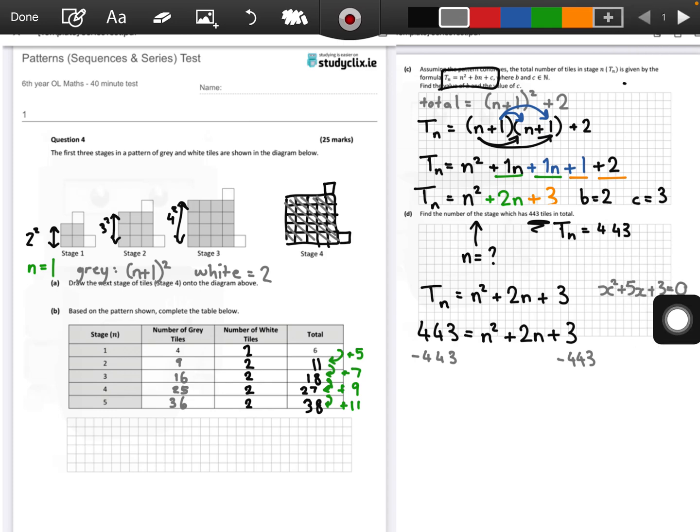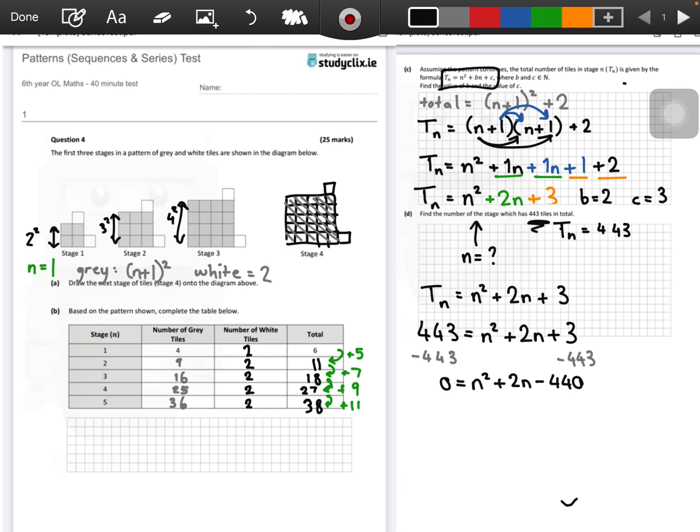So we always have them equal to 0 when we start to factorize them. So I want this to be equal to 0, not equal to 443. So I'll get 0 is equal to n squared plus 2n minus 440. It doesn't matter what side the equals 0 is on, so that is the exact same as this, which we might be more familiar with, equals 0.